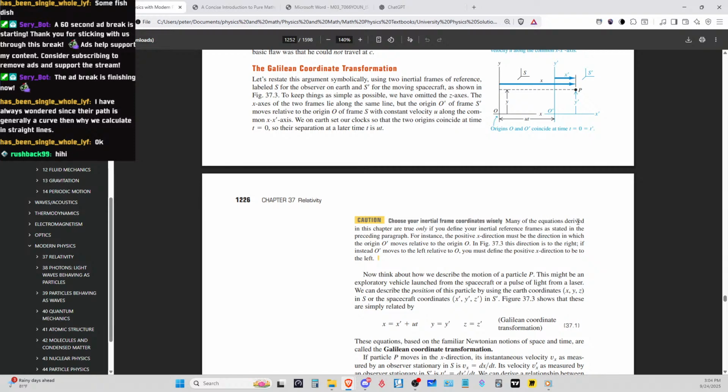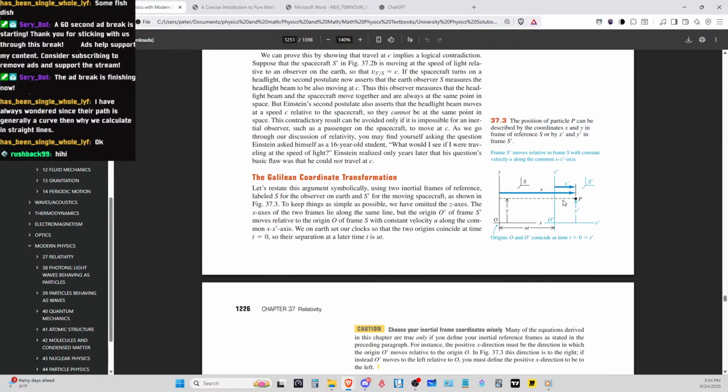Many of the equations derived in this chapter are true only if you define your inertial frame of reference as stated in the preceding paragraph. For instance, the positive x direction must be the direction in which the origin prime moves relative to the original origin.